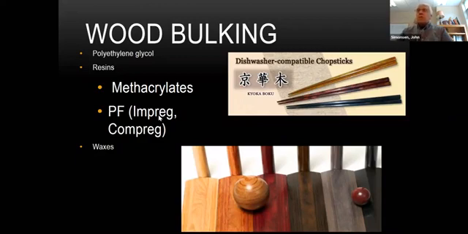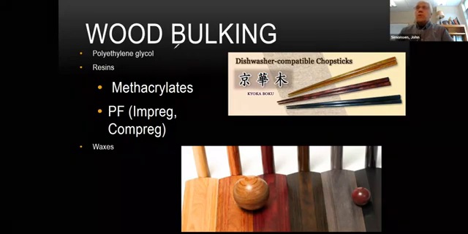This is going to be hard to draw. So polyethylene glycol has oxygens in it. So I'm just going to do it like this. So these are oxygens on a polymer chain.